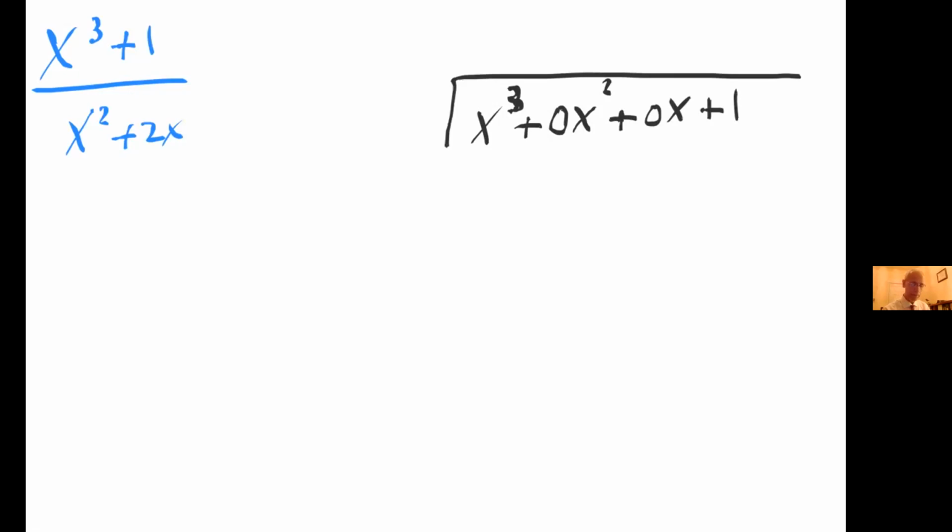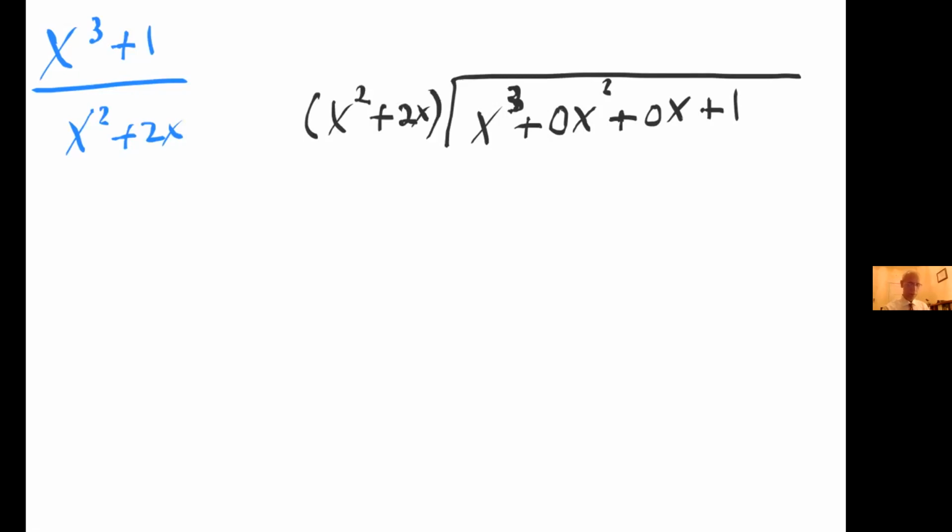I'm going to write that as x cubed plus 0x squared, using it as a dummy variable, plus 0x plus 1, divided by x to the 2nd plus 2x.